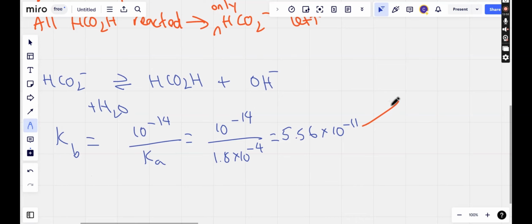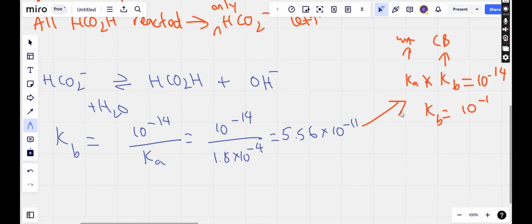Because Ka of a weak acid multiplied by the Kb of the conjugate base is equal to 10 to the power negative 14, to find the Kb, you simply take 10 to the power negative 14 divided by the Ka, and that's what I'm doing here. So let's go back to the question.